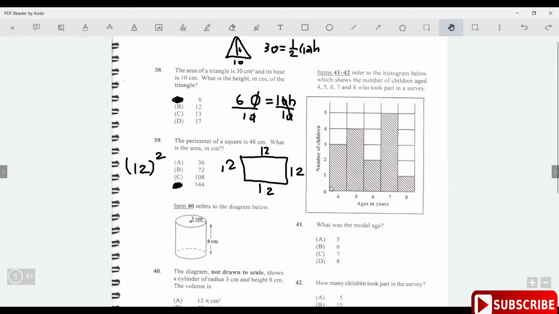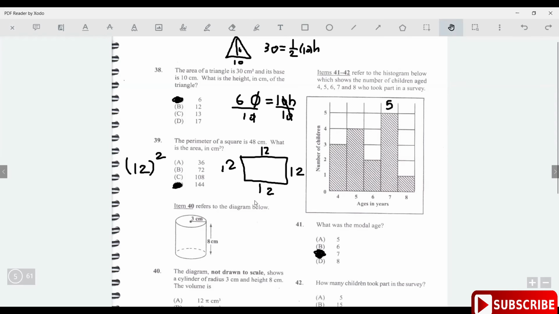Now, as I can clearly see right here, we have the ages 4, 5, 6, 7, and 8. Modal means which one of the bars is the longest, which has the most kids. The 7-year-olds right here, because there are 5 7-year-olds. So that's the modal age. The most frequent is 7 years old.